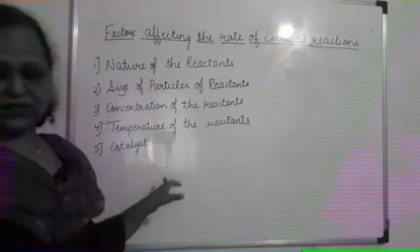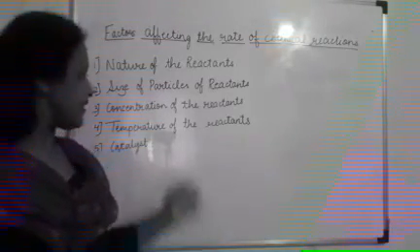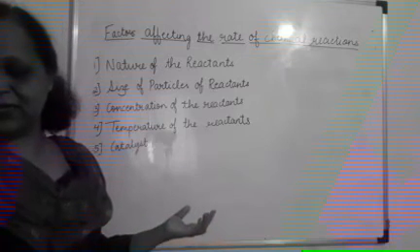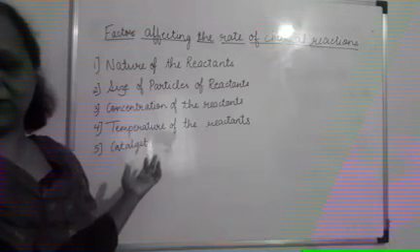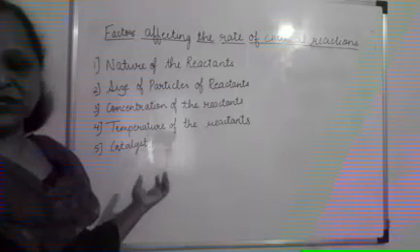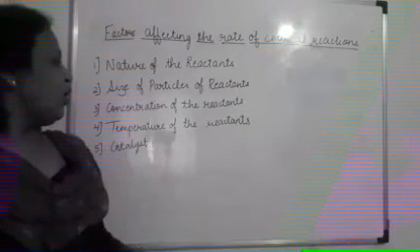So here you can say that concentrated acid reacts faster than dilute acid, which means that the rate of reaction is proportional to the concentration of the reactant. The fourth factor is the temperature of the reactant.